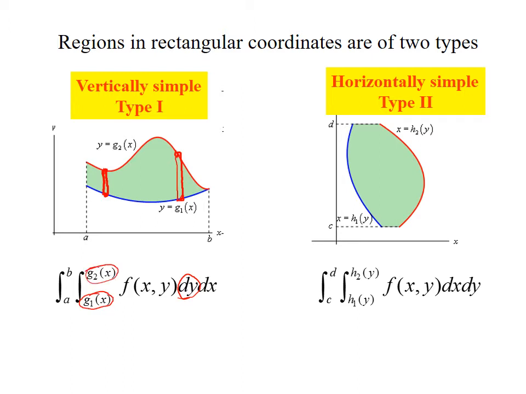In a type 2 region, which is horizontally simple, we think of putting horizontal rectangles, and all of the rectangles go from some function on the left to some function on the right. The integral would be set up with the dx first, and then the two functions of y would be the limits on the integral.